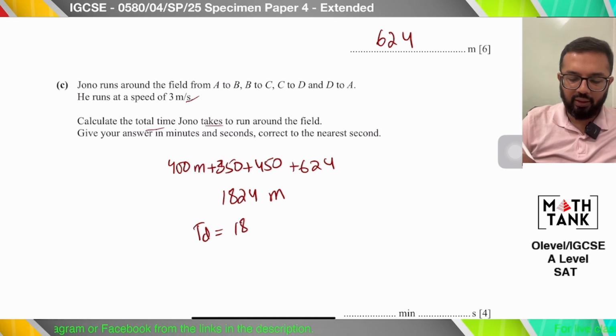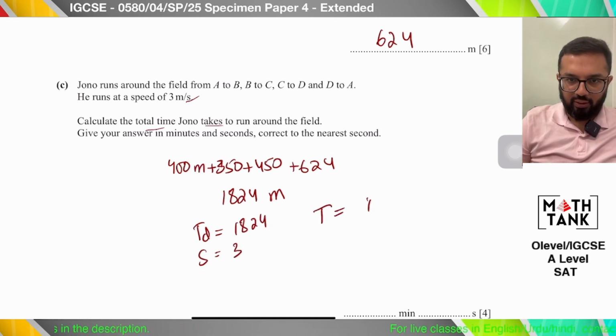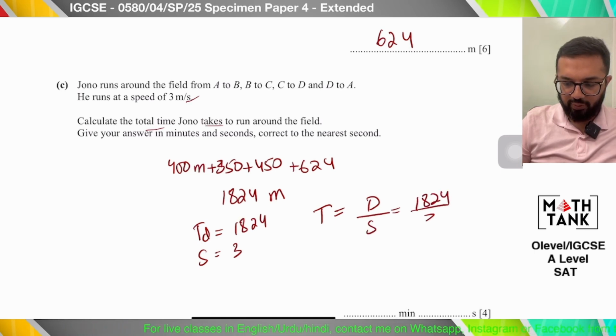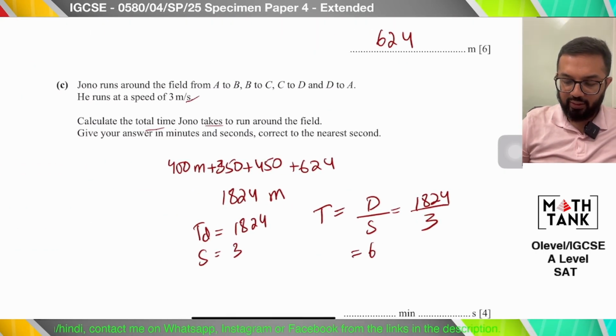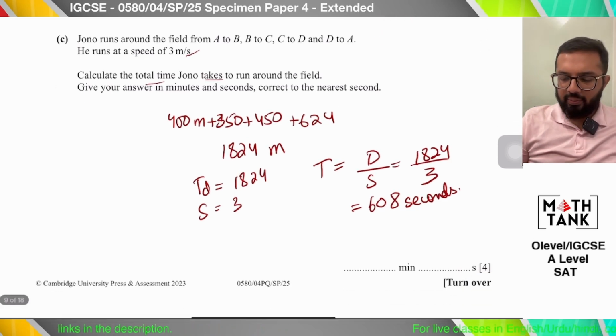The speed is 3. For time, I divide distance by speed, so 1824 divided by 3 is 608 seconds. Okay, that's about 10 minutes and 8 seconds.